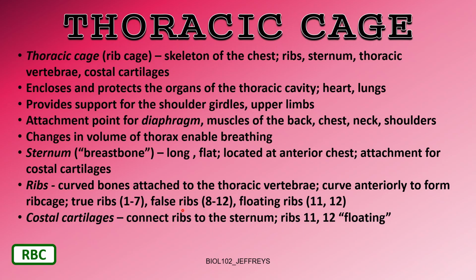So these false ribs are called false ribs because they're not attached directly to bone. And then floating ribs, or ribs 11 and 12, are floating because they are not attached to cartilage at all.